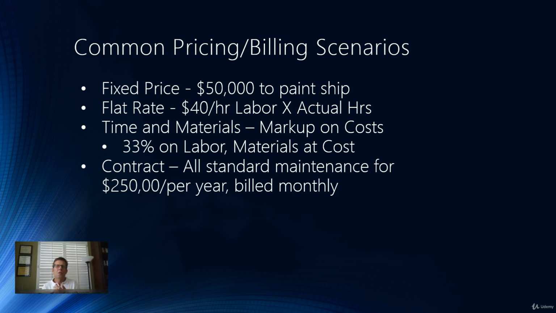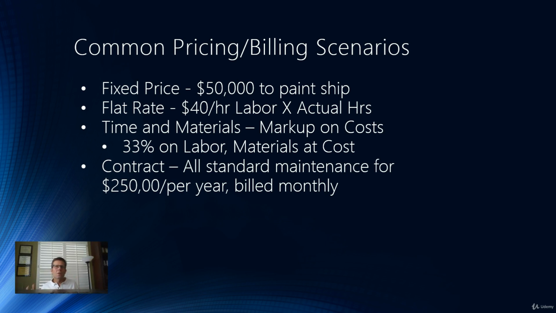So that means the cost that is captured on our service order comes over into pricing and billing, and on the billing document, that cost of the labor gets marked up by 33%. Materials come over, they get charged to the customer at whatever cost they posted onto the service order for, the cost of the material.